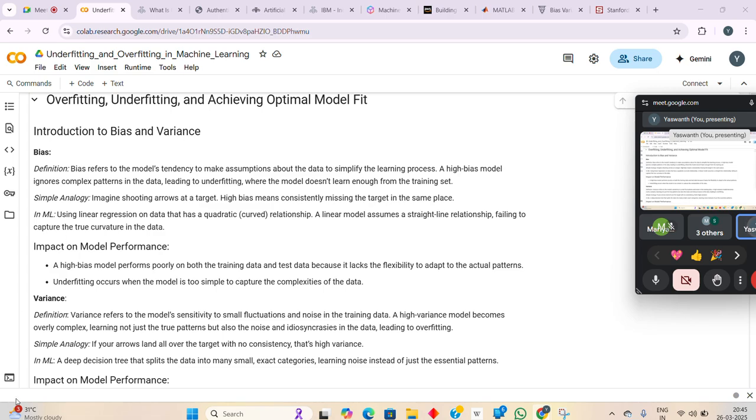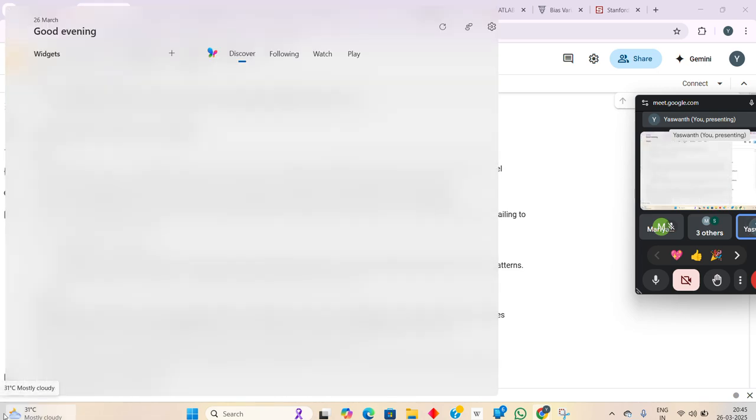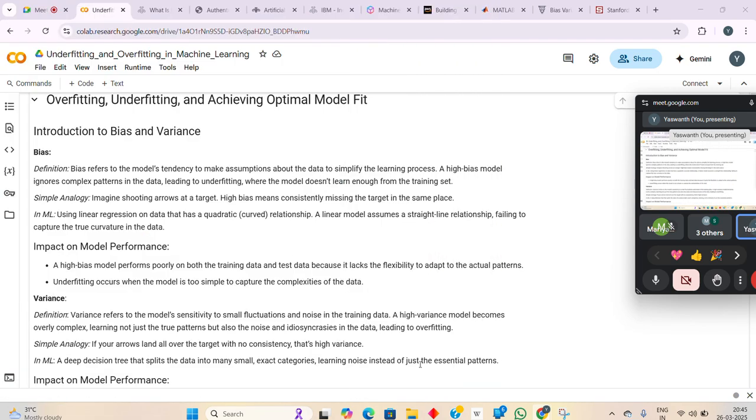Same situation with a data set: if the model did not take into consideration all the data, if the model ignores the complex patterns in the data, that will lead the model to underfit.